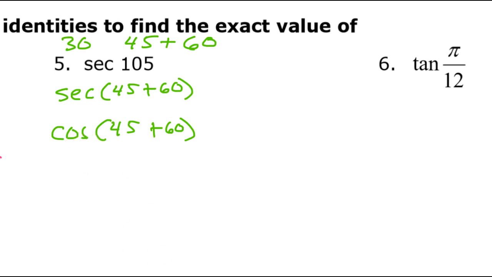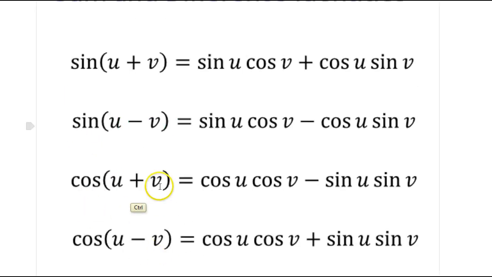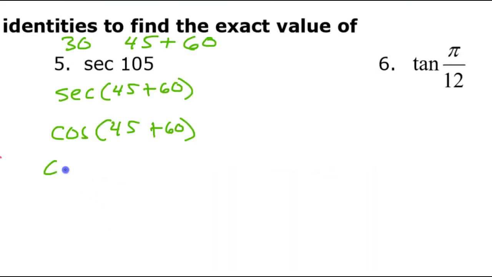Anyway, the cosine formula, the cosine of something plus something goes cosine cosine minus sine sine. So that's what I'm going to do. I'm going to do cosine 45 cosine 60 minus sine 45 sine 60.